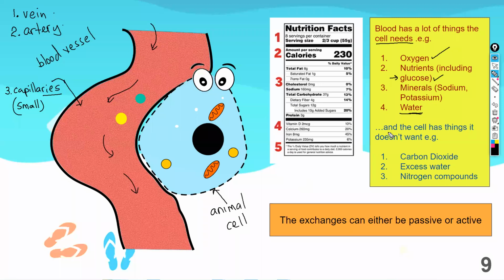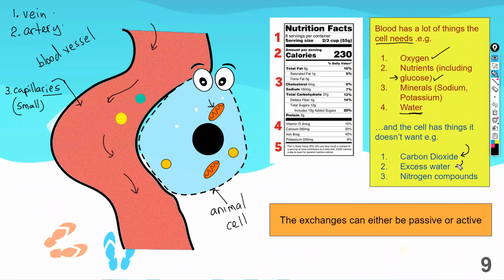And then it has things that the cells don't want. The cells do not want carbon dioxide. You all remember who just produced the carbon dioxide in the cell? Remember this guy here, Mr. Mitochondria? When he performs respiration, he creates yucky carbon dioxide, and your body does not need that.